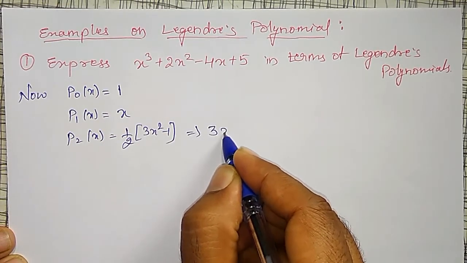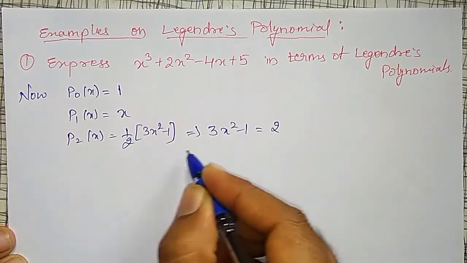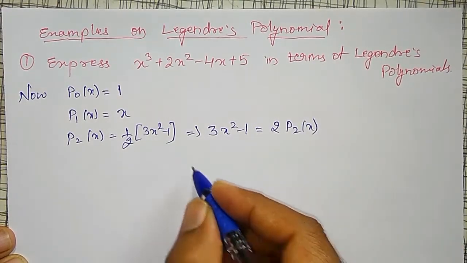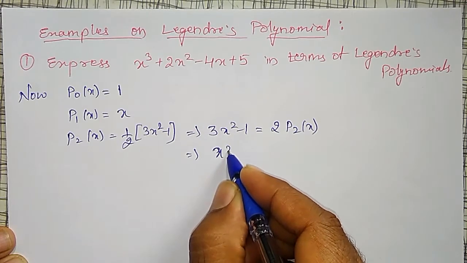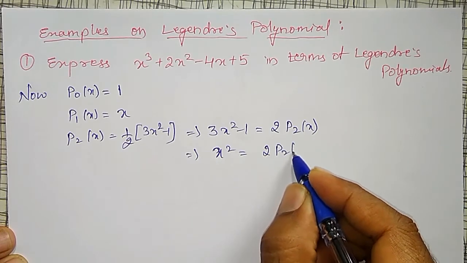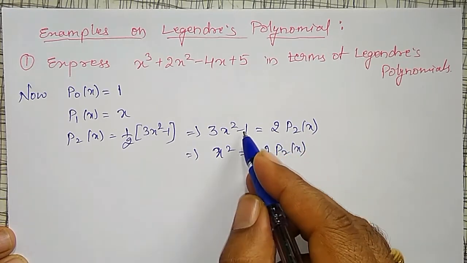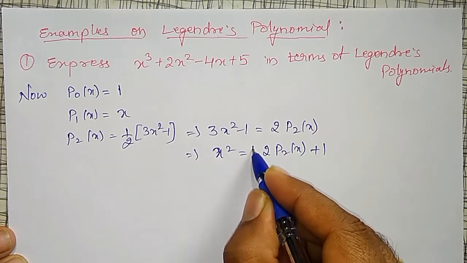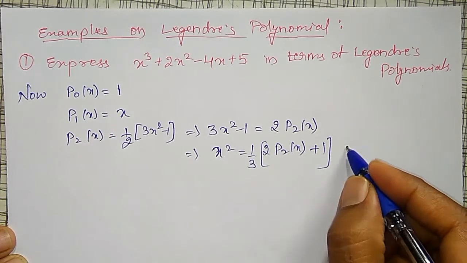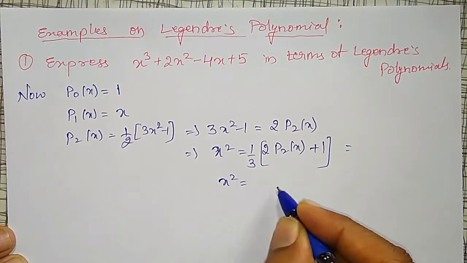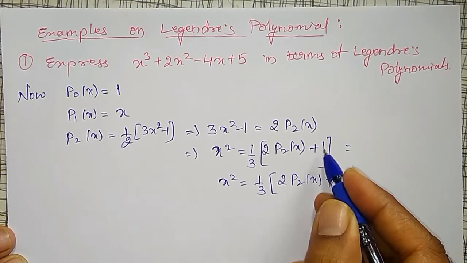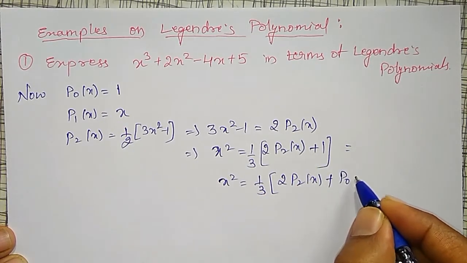Therefore, I can write 3x square minus 1 equal to 2 times P2 of x, which implies x square is equal to 1 by 3 times (2 times P2 of x plus 1), and this 1 also I can write as P0 of x.